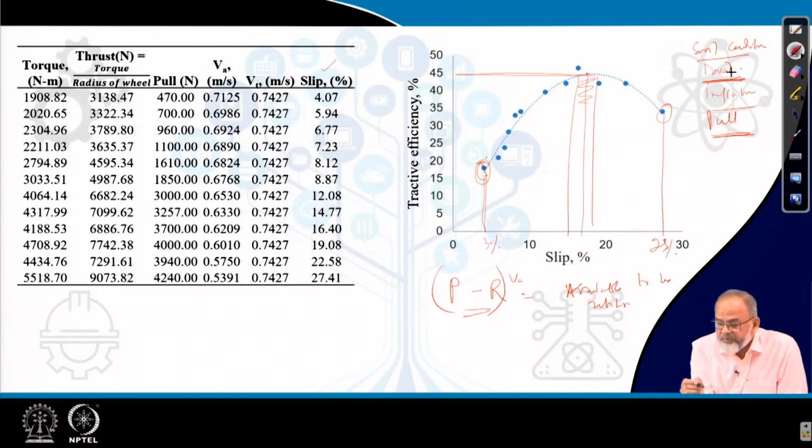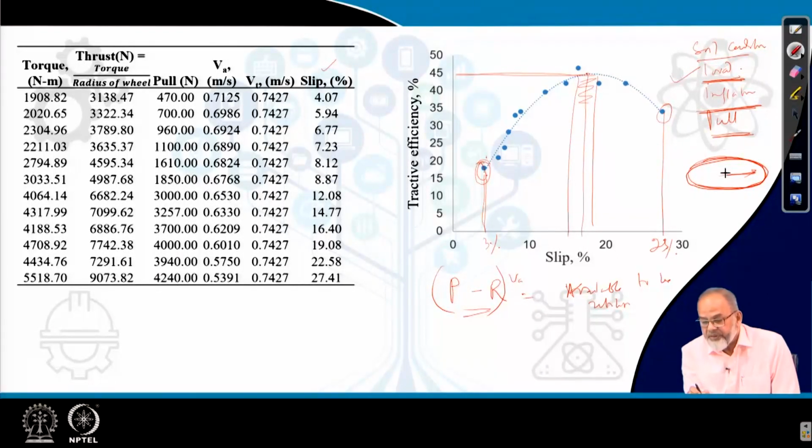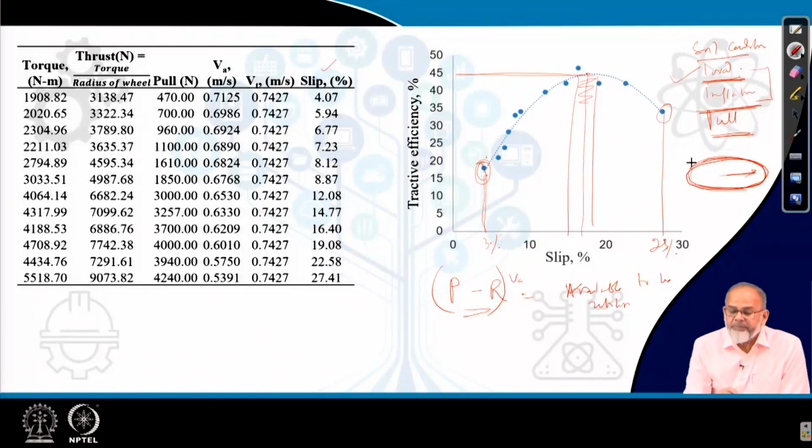If load is more, we will develop more power. If inflation pressure is more, we will develop less power, because inflation pressure will decide, along with the load, how much the contact area of the tire will be. If contact area is more, we will develop more tractive force. If contact area is less, we will develop less tractive force. So it is the load and inflation pressure together that control the contact area, and accordingly the power which is developed will be decided.